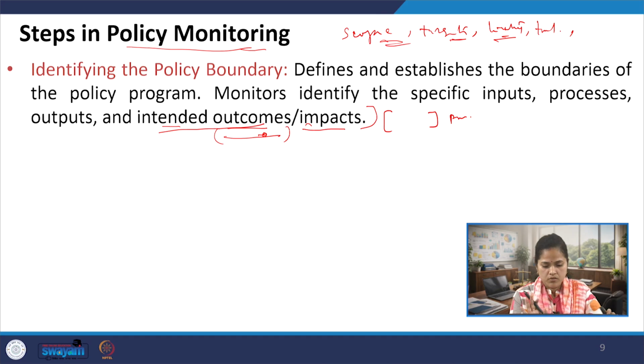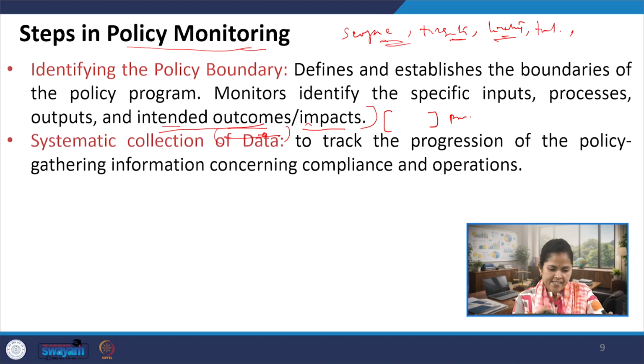unintended outcomes. Okay. So the second step in policy monitoring is data collection. As I have already highlighted, among the activities likely to be involved in policy monitoring, the most emphasis is given to gathering relevant data on the particular policy, so that we can think about how to keep track of the progress of the policy implementation.